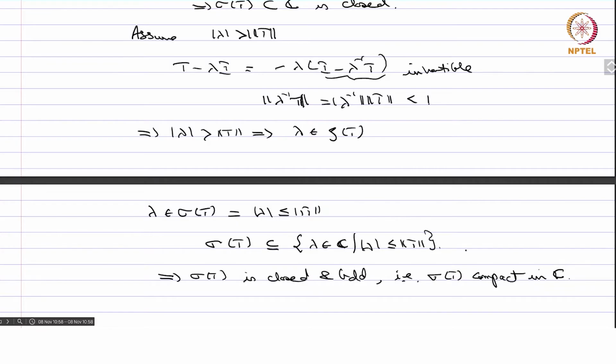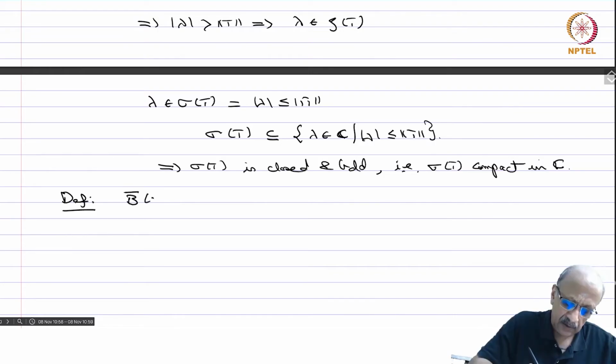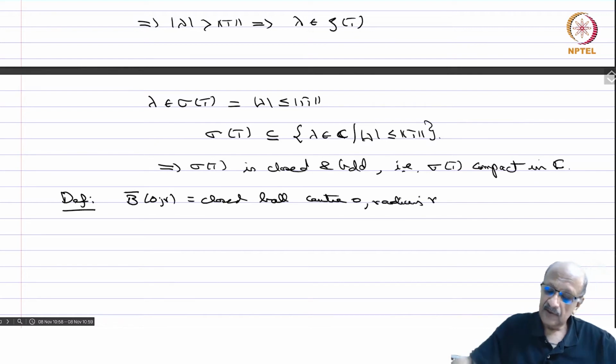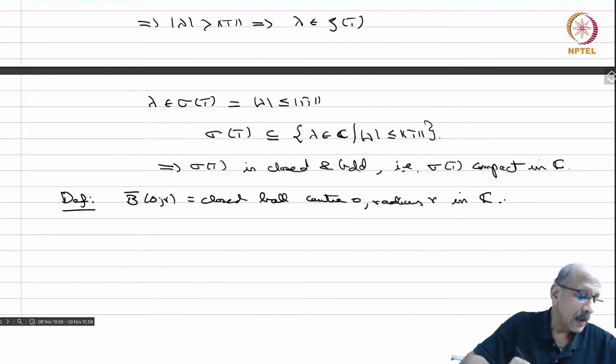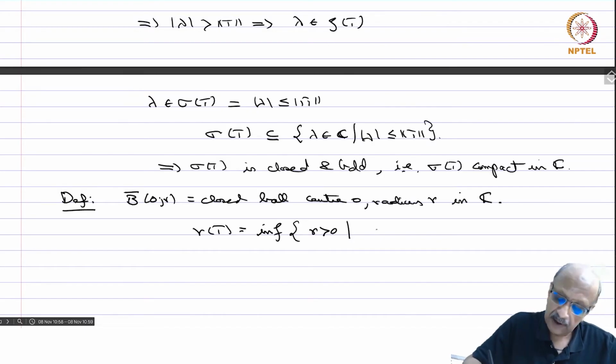Okay, so now a definition again. Let B bar(0, R) be the closed ball with center 0 and radius R in C, and then consider r(T) equals the infimum of the set of all R greater than 0 such that sigma(T) is contained in B bar(0, R).